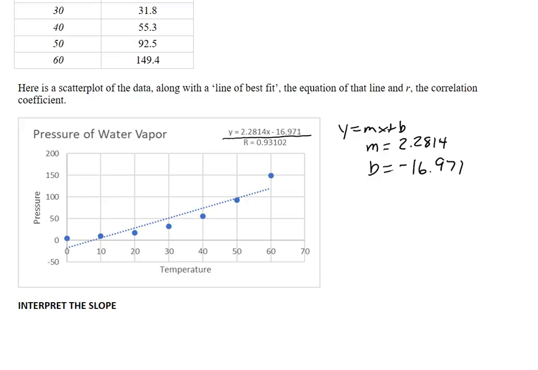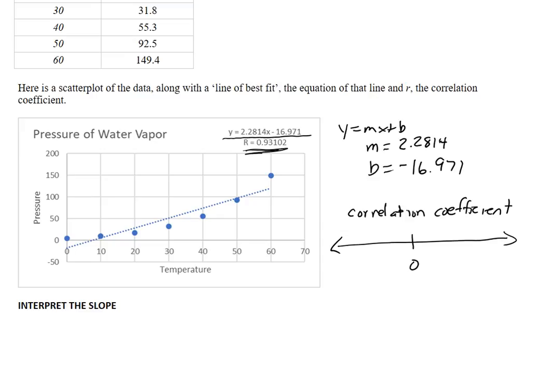And then r here, that is the correlation coefficient. You remember from when we talked about scatter plots before, correlation goes on a line from 0 to 1 to -1, because correlation is how strong it is and whether it's a positive or negative relationship.